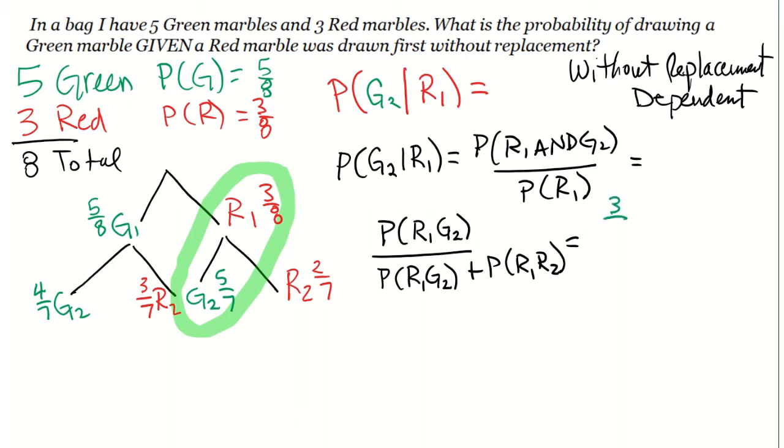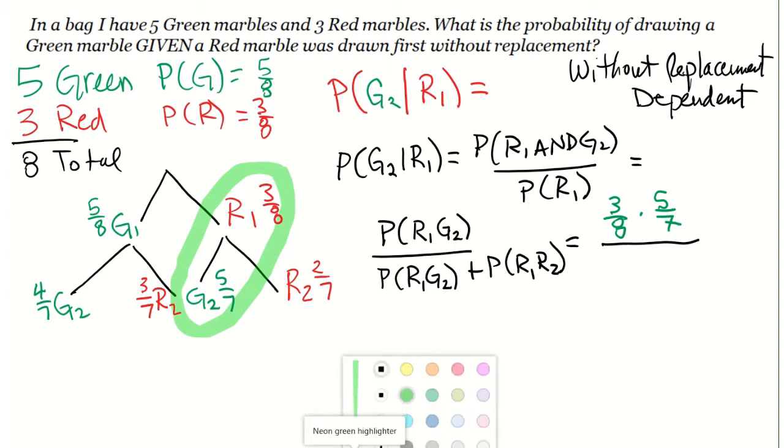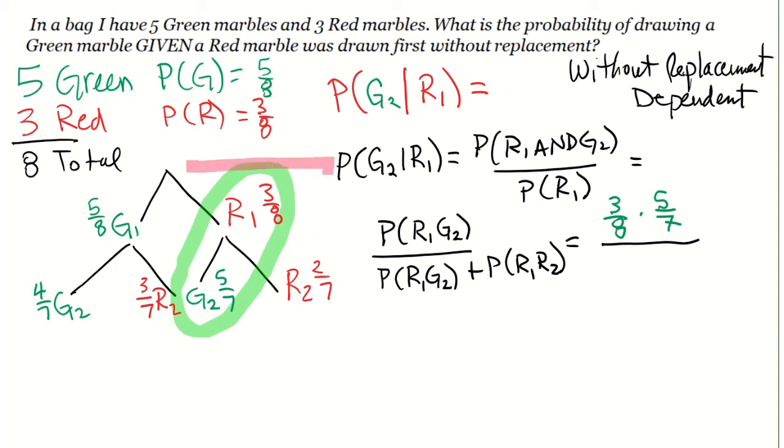So that's going to be 3/8 for my red and 5/7 for my green. And then this bottom number, the denominator, that is the sample space for drawing a red. And that includes everything in here.